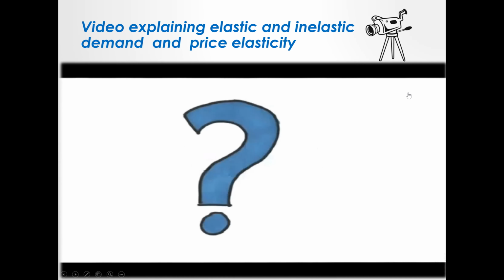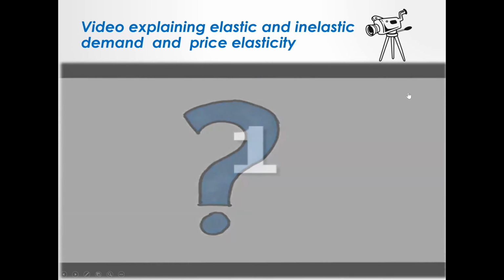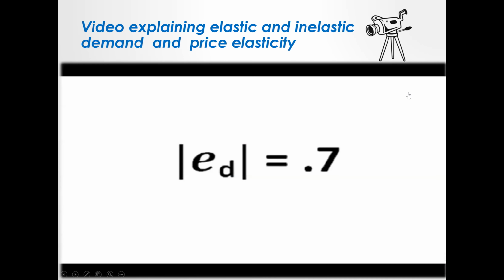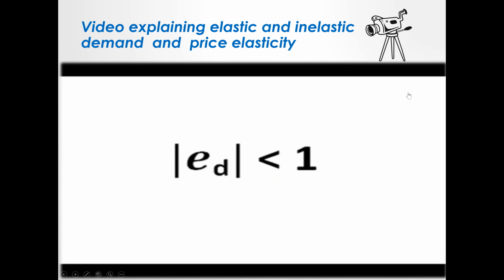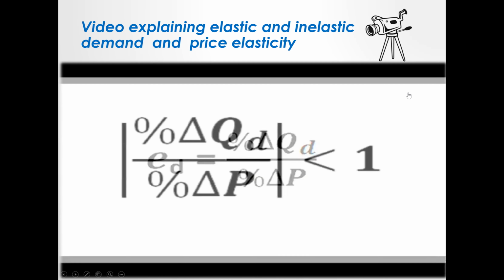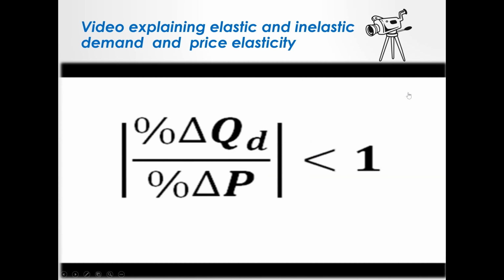Again, what does this number really mean, and what does it tell us? Ultimately, the key value where elasticity is concerned is 1. In the case of youth demand for cigarettes, the size of the elasticity figure is less than 1. Since elasticity of demand equals the percentage change in quantity demanded over the percentage change in price, this means that the absolute value of this ratio is less than 1.